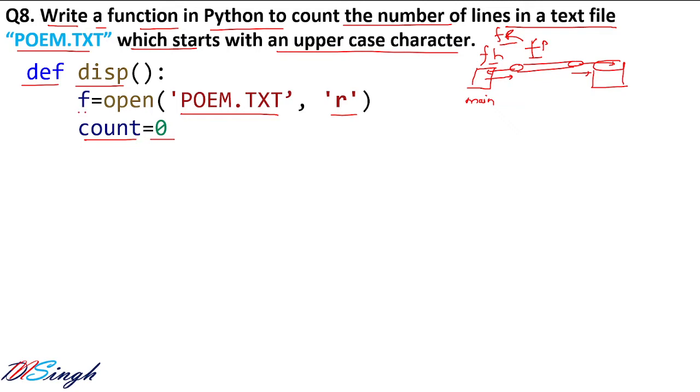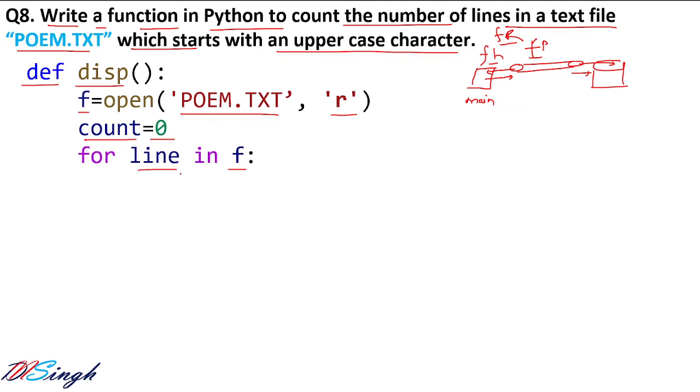Let us iterate over this file handle itself. We can iterate over a file handle using a for loop, and we can get line by line output from there. So let us have for line in f. This is our loop variable, and this will pick line by line values from the poem.txt file.